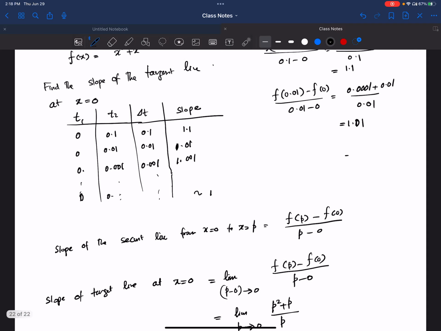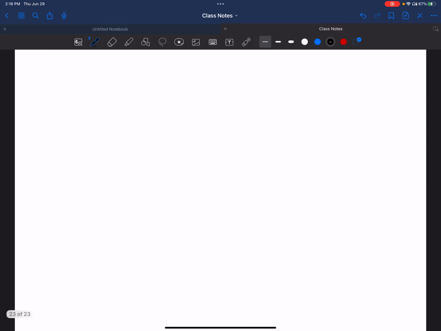Let's consider another example. f of x equals tan x, and we need to find the slope of the tangent line at x equals pi over 4. We consider what the range of x is, pi over 4 is always taken as a closed end, and then pi over 4 plus 0.01.